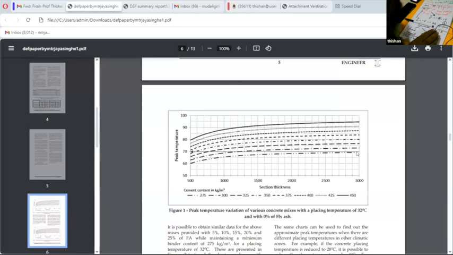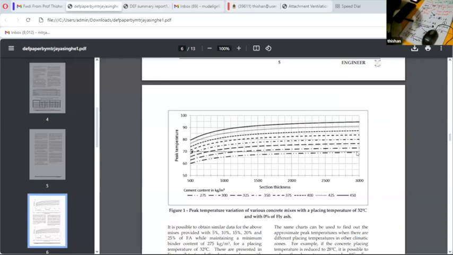So what is the maximum cement content you can use? 275. Anything above, you can see temperature goes above 70, and you are not in a position to make the concrete really cool, because it's a very long concrete pour. So even if you start at midnight, you might have to continue throughout the following day.